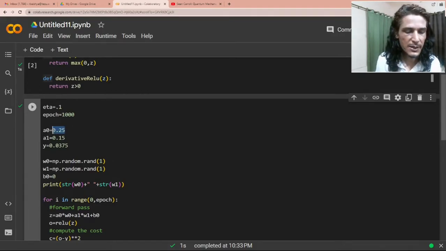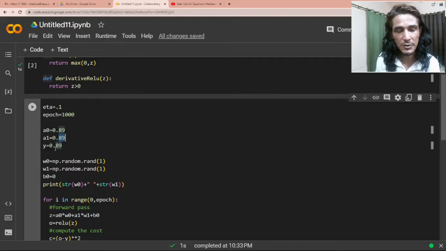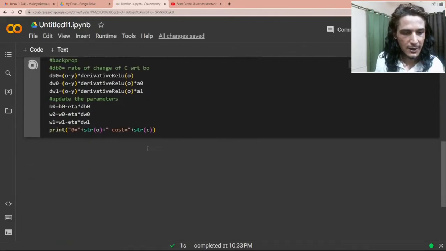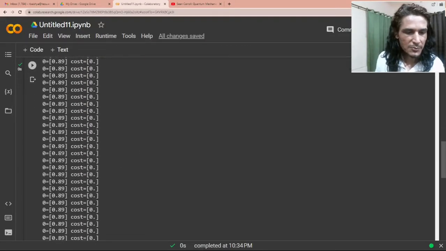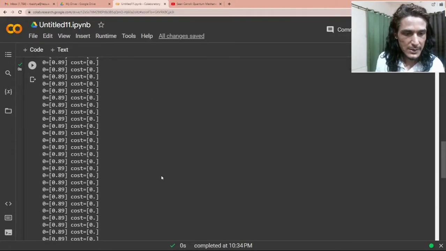Say, for example, A0 is 0.89, this one is also 0.89, and we want the output to be 0.89. Is it a trivial problem? Let's see. I run the program and you see the output is 0.89. It was very easy, I guess.